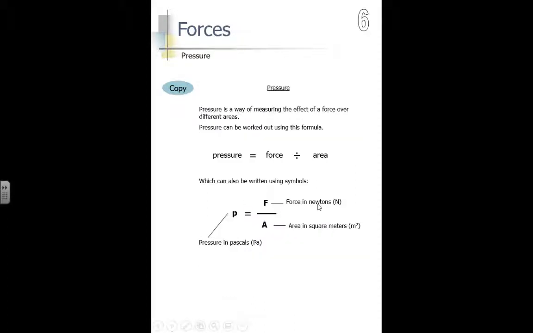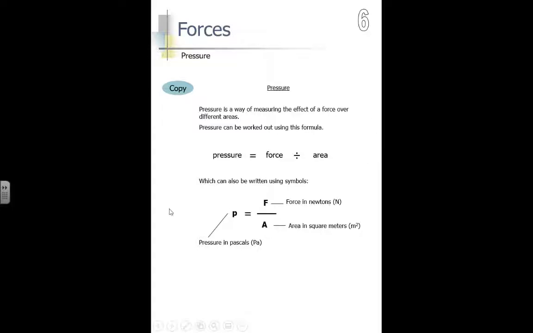We've actually got an equation for finding pressure. So pressure is the force divided by the area. When we looked at gravity, mass, and weight before, we said that weight was gravity multiplied by the mass.